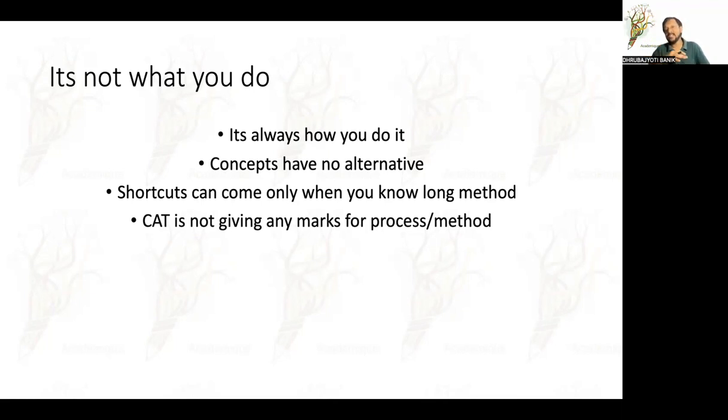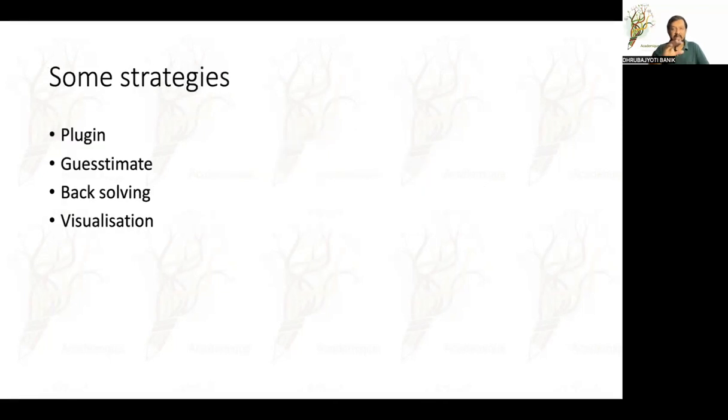Okay, CAT does not give any marks for your process or method. So even if you don't follow the traditional puritan way of solving the question, it does not really matter. You can still get an answer. Some of the strategies that we are going to apply for solving CAT questions will include plugging in the options to get an answer, guessing the answer, trying to solve the question backwards.